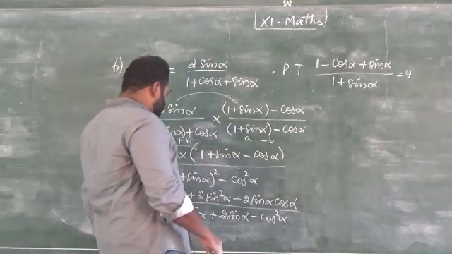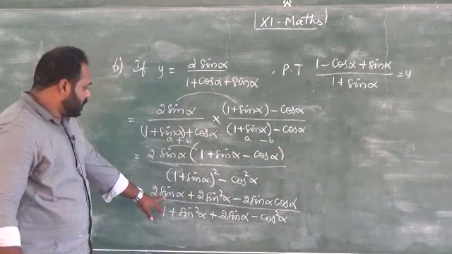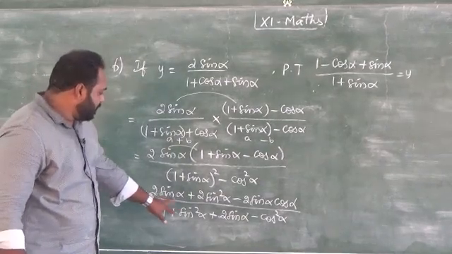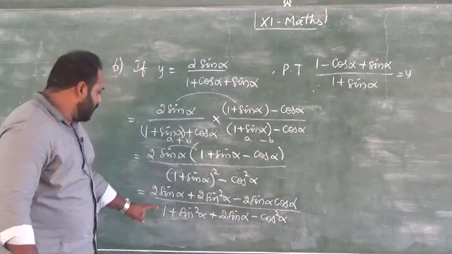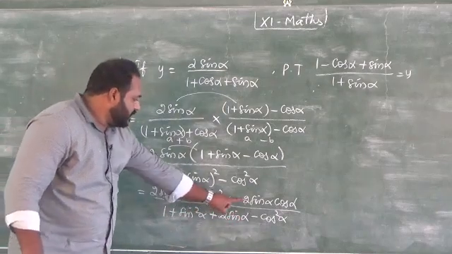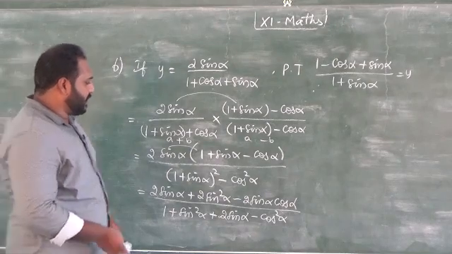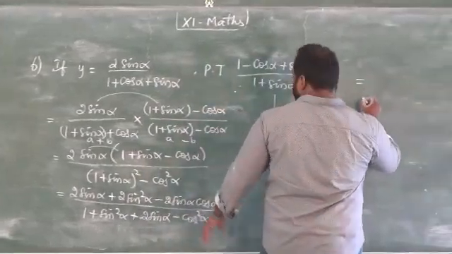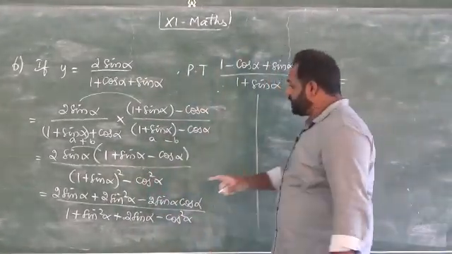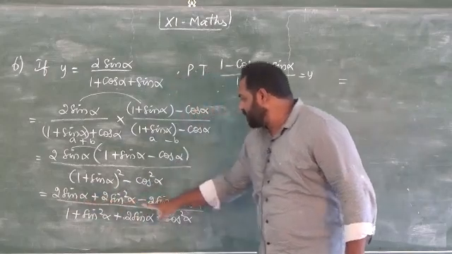So here, in the numerator, we have 2 in all the terms, so we can take a 2 commonly outside. Also we have a sin alpha common for all the terms.